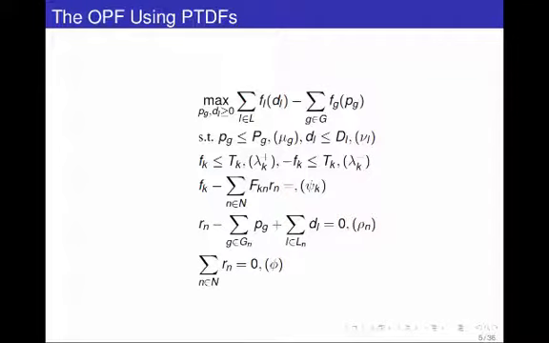G subscript n is the set of generators that are located in that bus N. So Rn is the total production from generators located in that bus minus the total consumption from loads located in that bus, where L sub n is the set of loads located in the bus. Okay, so if I add a generator in location 2, that is not going to count towards R1. That is part of R2. And whenever you're producing, it's counting positive. If there's a load here, it's counting negative, but for R2, not for R1.